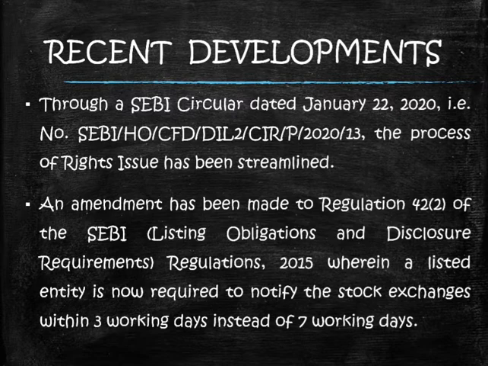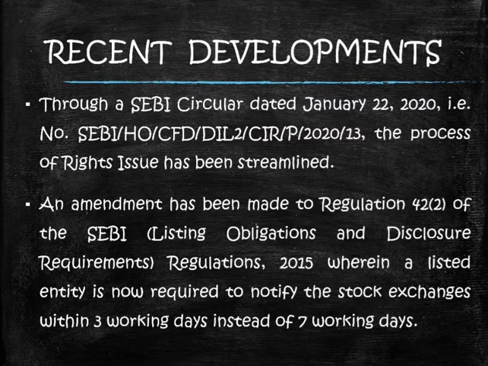The first amendment has been made to Regulation 42.2 of the SEBI Listing Obligations and Disclosure Requirements 2015, wherein a listed entity is now required to notify the stock exchanges within 3 working days instead of the prior 7 working days regarding a rights issue.